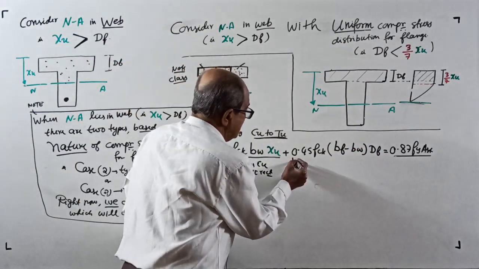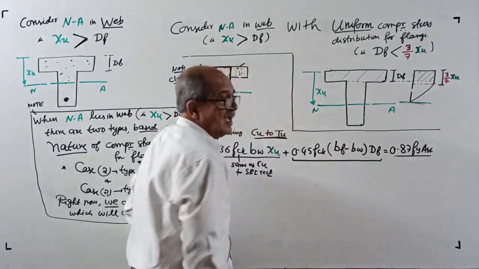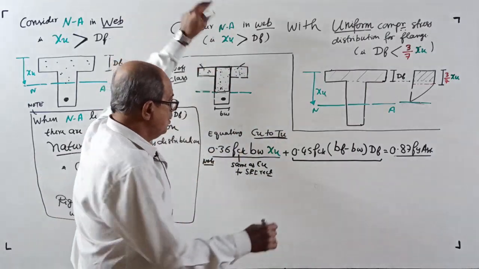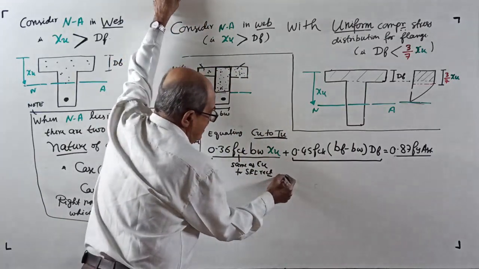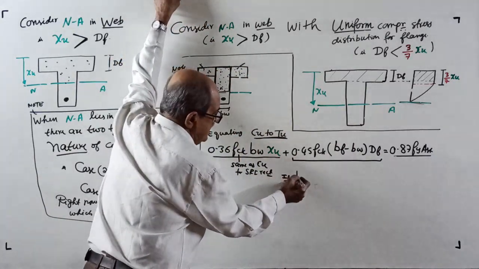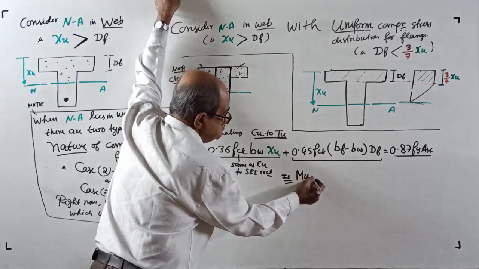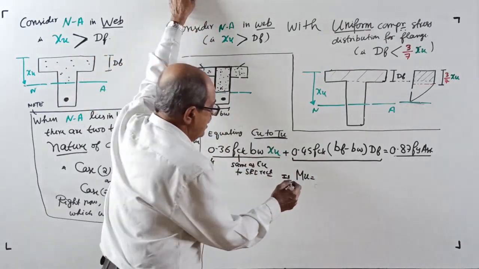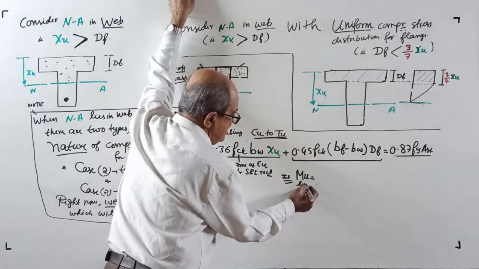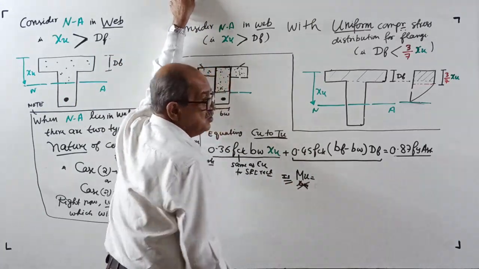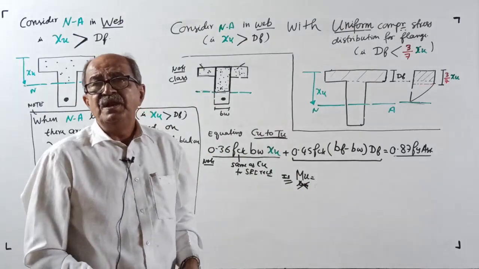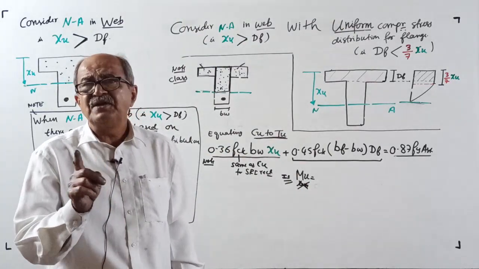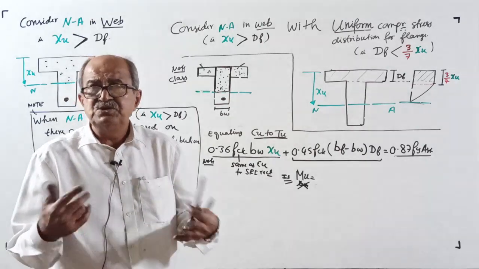How to remember this term? A small hint: in the IS code, they have given the expression for Mu. But remember, it is given for Mu limit, and the limit you can't use. They gave the equation when xu equals xu max. For an analysis problem, you cannot take xu max; take xu as xu only.